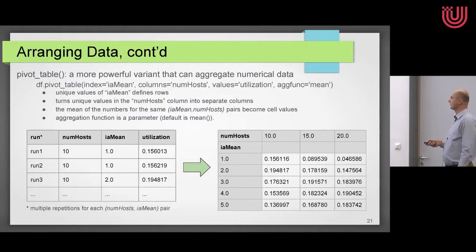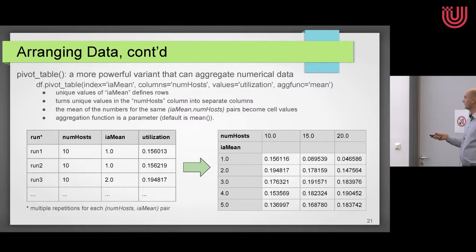For this you can apply another pivoting operation, pivot table, which is a little bit of a variation on the previous one. This can also do aggregation. Here we specify mean as the aggregation function, which will result in the values that come out of several runs being averaged. So if we have like 10 simulation runs for every num-host and IA mean pair, then they will be averaged for the pivot table.